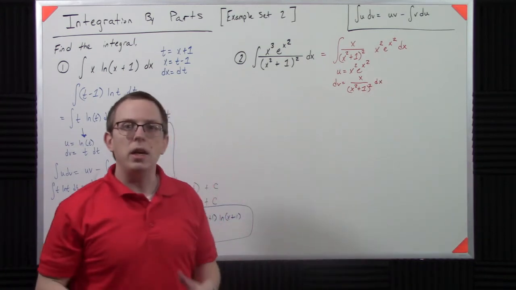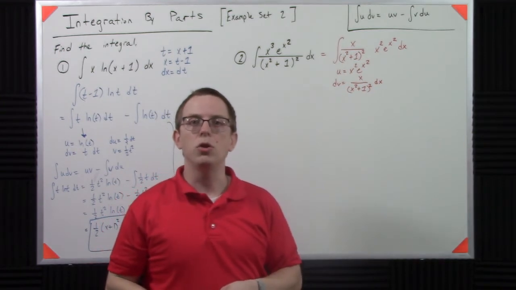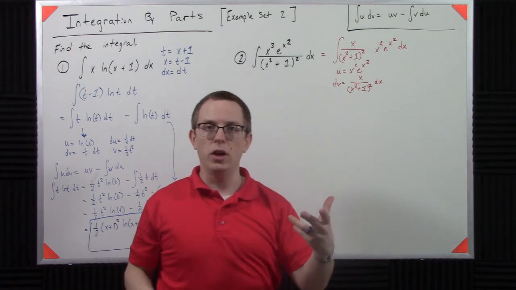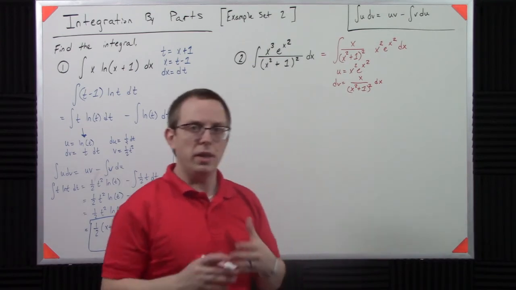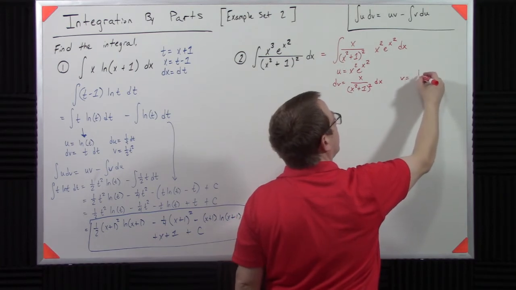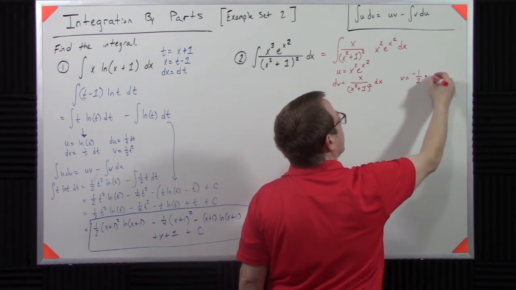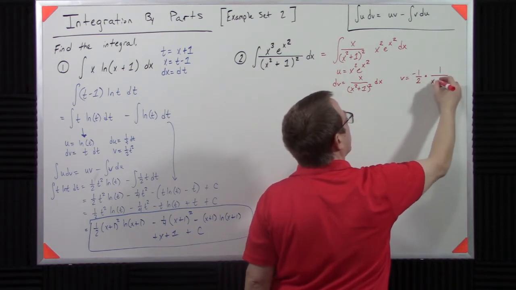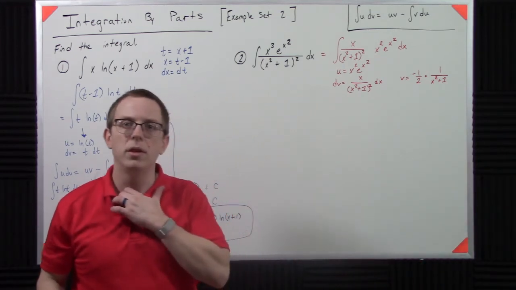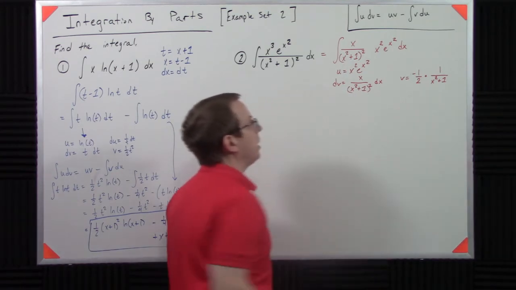So hopefully, if you have trouble figuring that out, set that up as an integral, take your u sub or t sub or whatever to be x squared plus 1, and then go from there, and you should be able to get that. So you should get negative 1/2 times 1 over x squared plus 1 when you take the antiderivative.